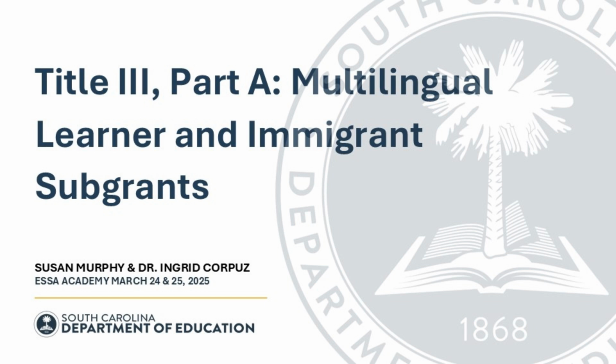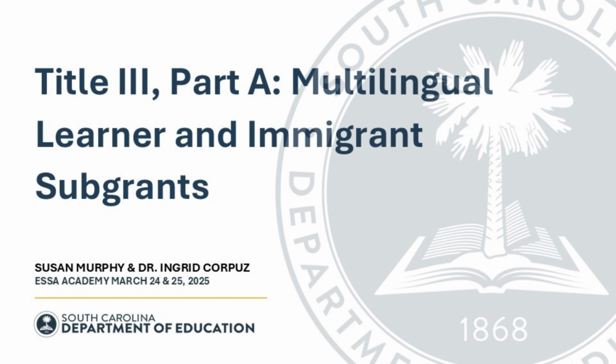So then when we look at the subgrants, we have multilingual learner. Basically any district that has at least one multilingual learner will receive or qualify for a multilingual learner subgrant. The allocations are allocated through a per pupil formula, and there is a 10,000 minimum requirement.